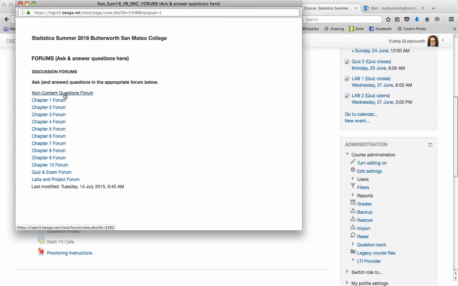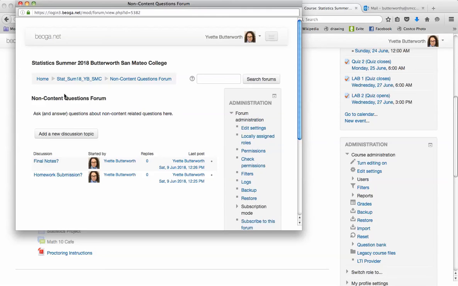You'll notice here in the non-content questions, this is where you should ask general questions. People frequently ask me about homework submissions. Homework is not required in this class, but it is highly recommended, and I'll show you where to find the homework problems and their solutions, by the way.